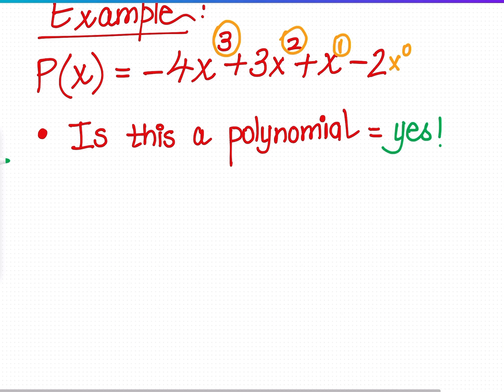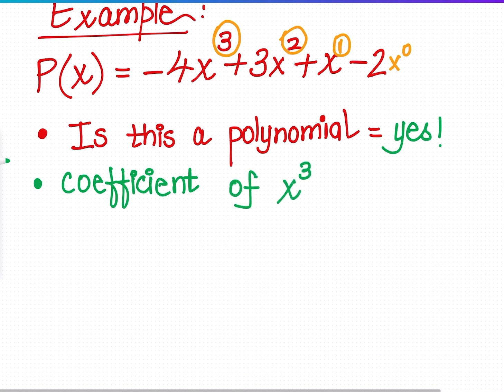Next, the question is, what is the coefficient of x cubed? There is a term with x cubed and they are asking us what is the coefficient of x cubed. Always remember, the number before x cubed is going to be the coefficient, along with the sign.